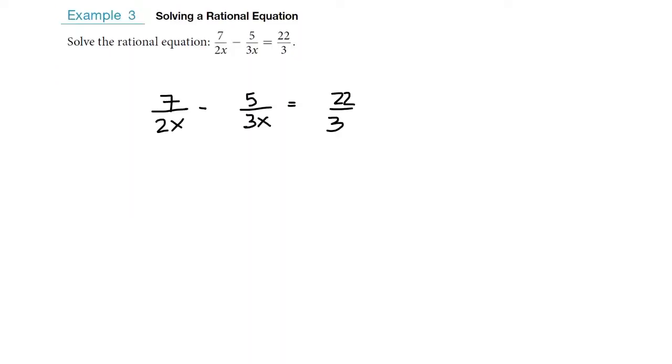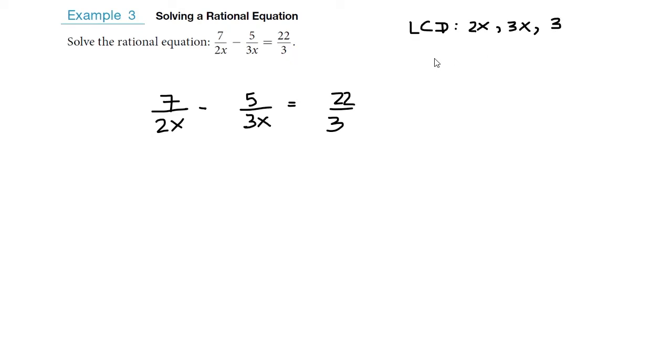Example 3, solve the rational equation 7 divided by 2x, minus 5 divided by 3x, equals 22/3. Our first step will be to find the least common denominator, and the denominators are 2x, 3x, and 3.